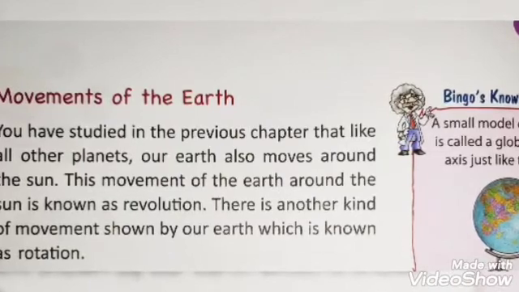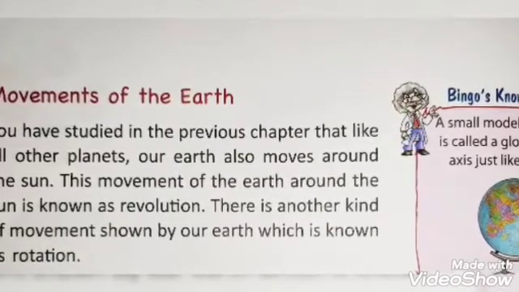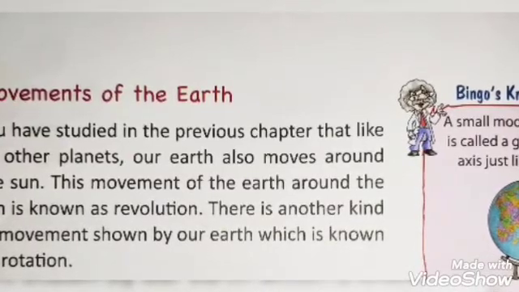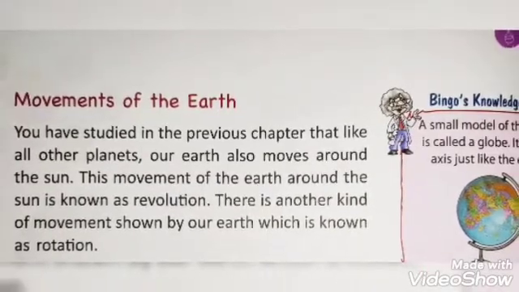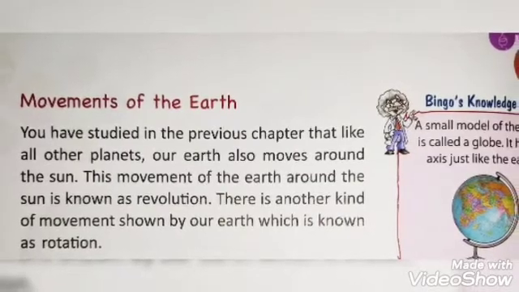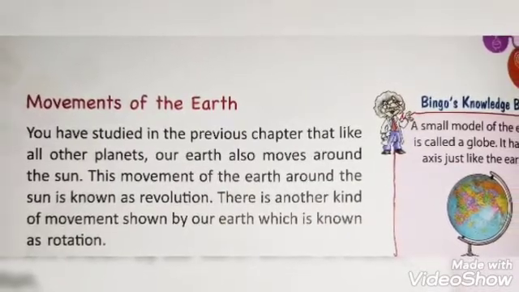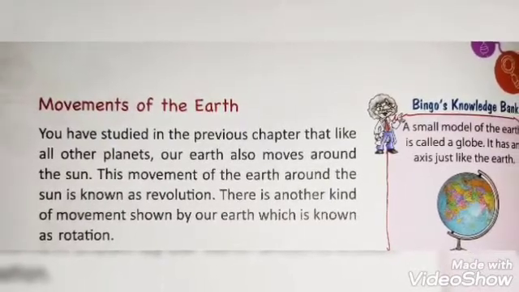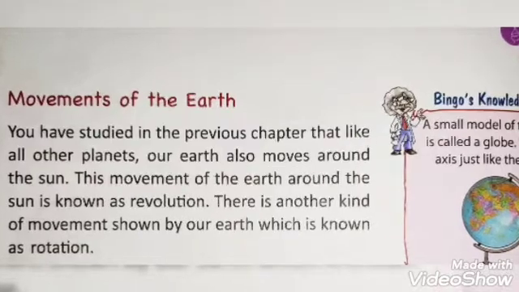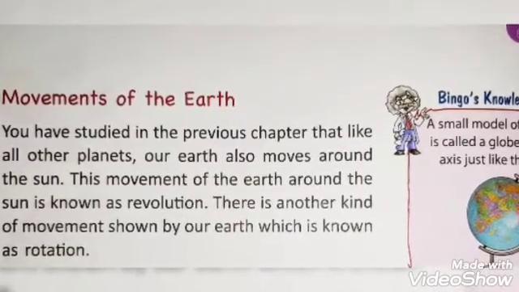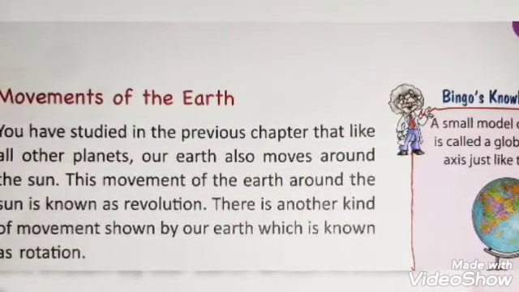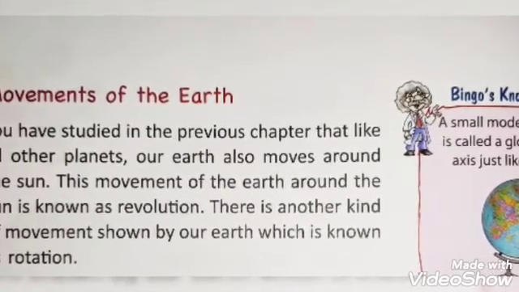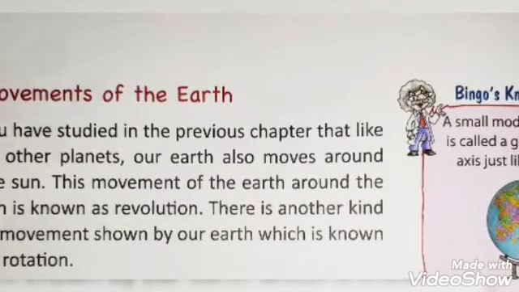Similarly, the earth also spins about an imaginary line called the axis, which passes through the center of the earth. This movement of the earth about its axis is called rotation. The rotation of the earth is responsible for the formation of day and night.